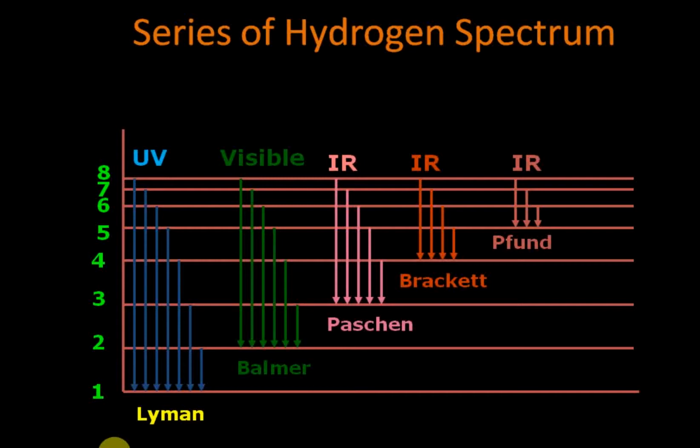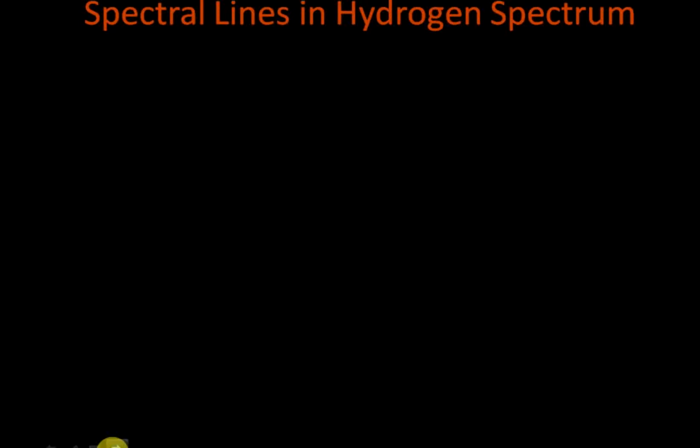Paschen, Brackett and Pfund, these three series fall in the infrared region, whereas the Lyman series falls in the ultraviolet region, and the only visible series is the Bohr series, and that is the reason the first observed series was the Bohr series. So here is the pattern of the hydrogen spectrum.